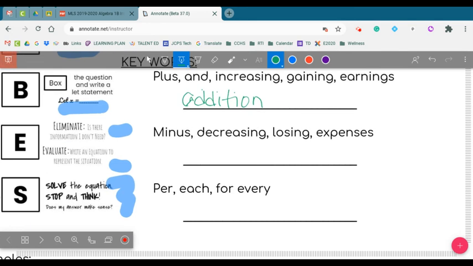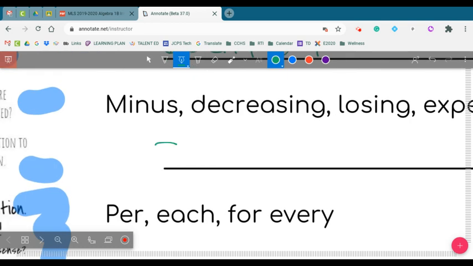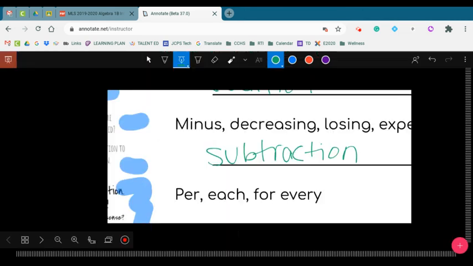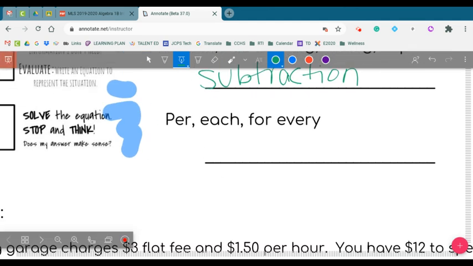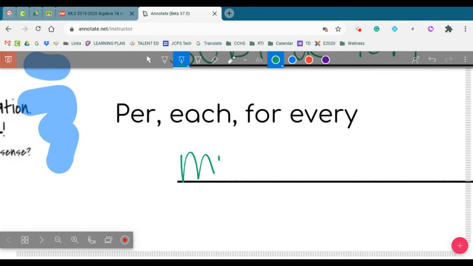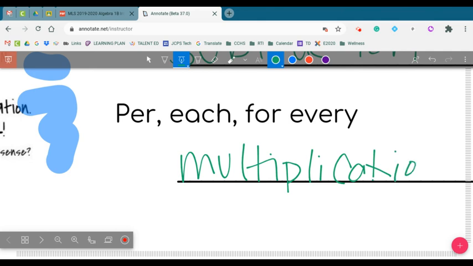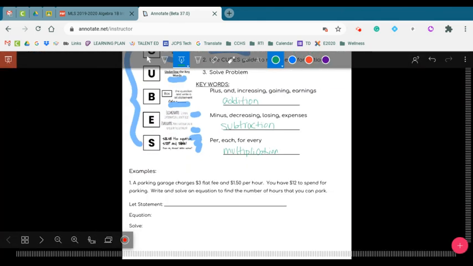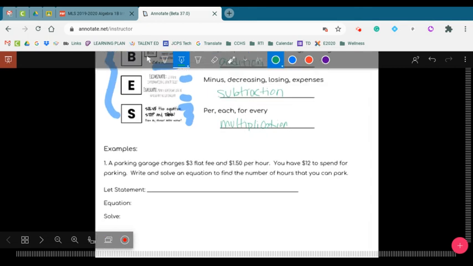If you say minus, decreasing, losing, or if it's an expense, this is going to be subtraction. And if we say per or each or for every, this is whenever you use multiplication. So keep those keywords in mind whenever we are creating our equation for our word problems.